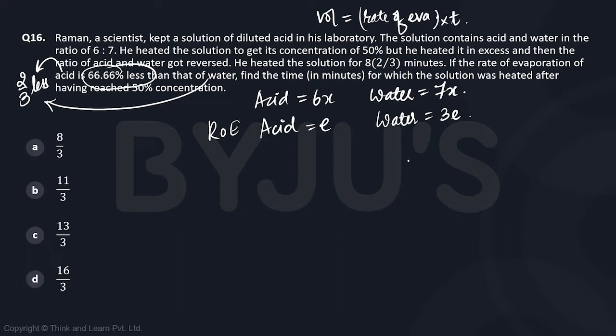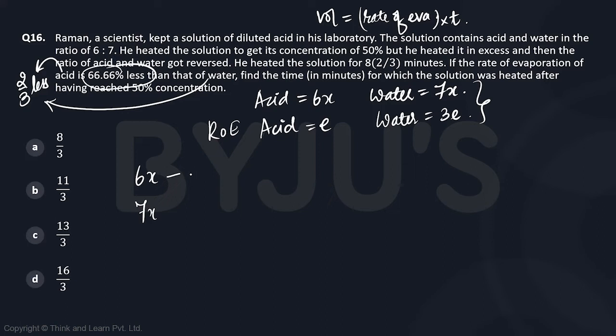Now, using these two, acid was 6x, water was 7x. They both were heated for 8 2/3 minutes. 8 2/3 is going to be 26/3 minutes. So how much acid will be evaporated?